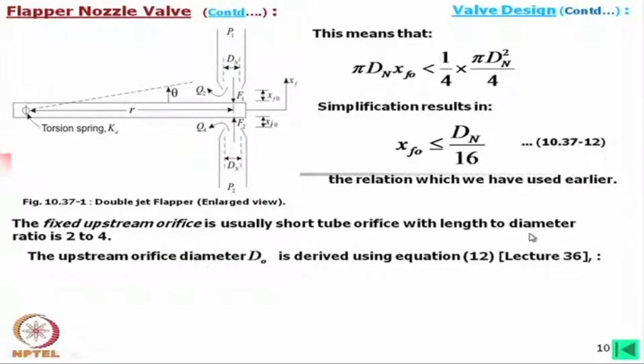Anyway, the fixed upstream orifice is usually a short tube orifice with length to diameter ratio of 2 to 4. Again, another important factor is that, say this is the orifice opening and this is the length of this nozzle. What should be the length?